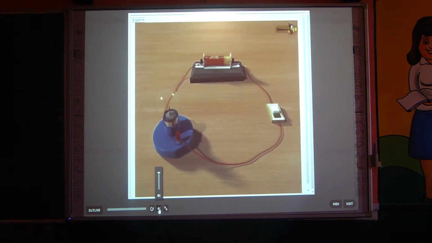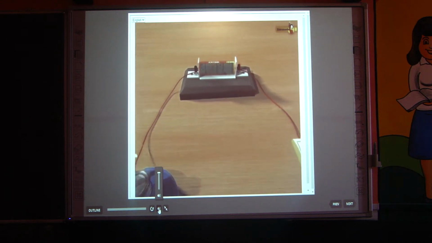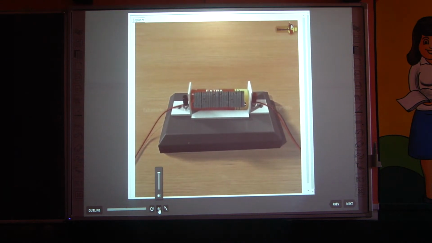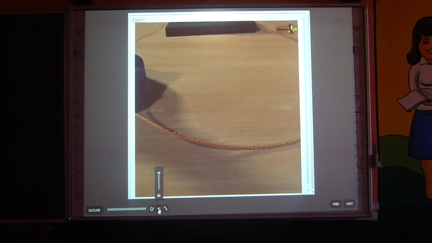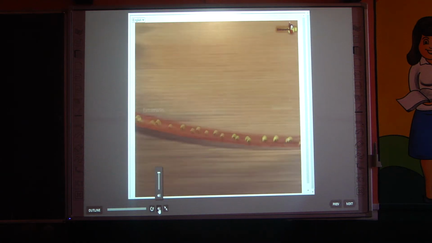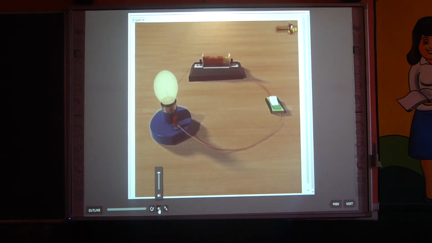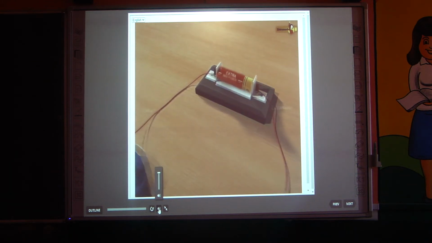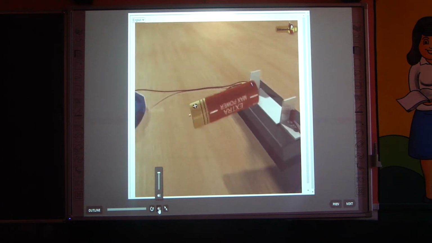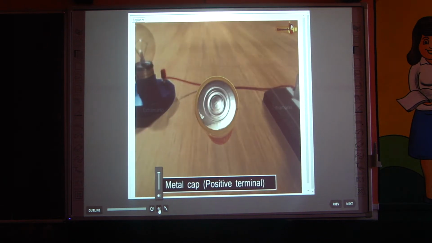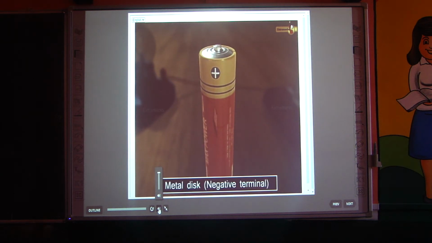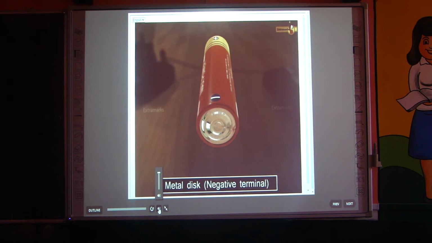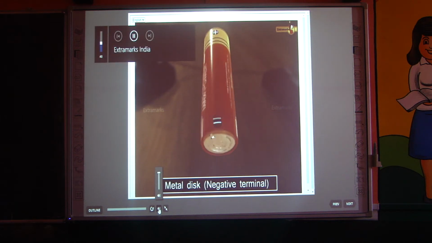In an electric circuit, an electric cell converts chemical energy into electrical energy. It pumps electrons through electric wires. In an electric cell, there is a small metal cap on one side which indicates its positive terminal, whereas the metal disc on the other side indicates its negative terminal.